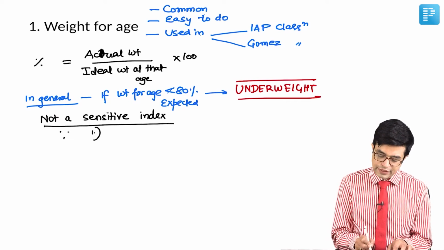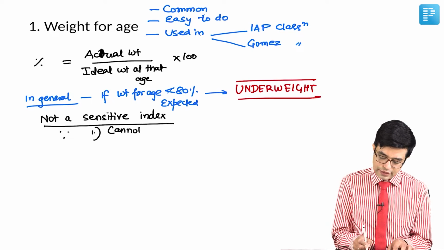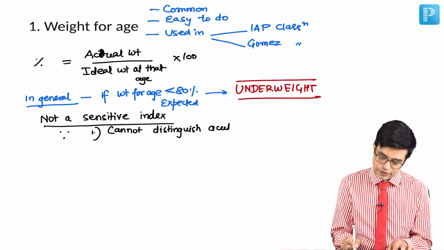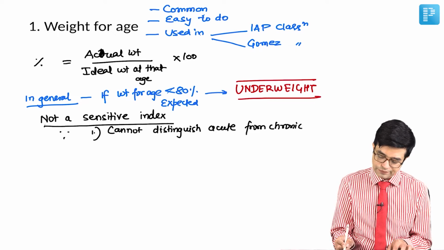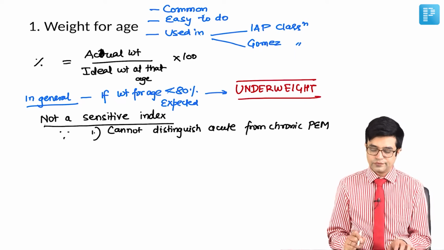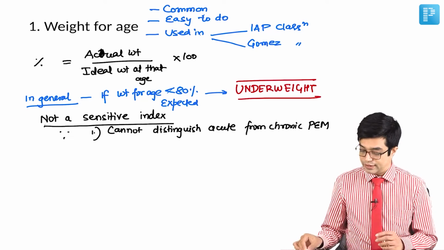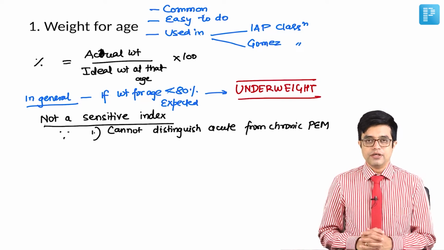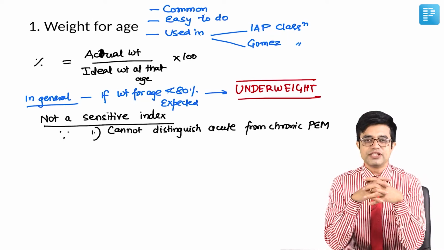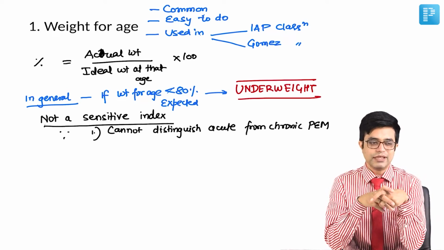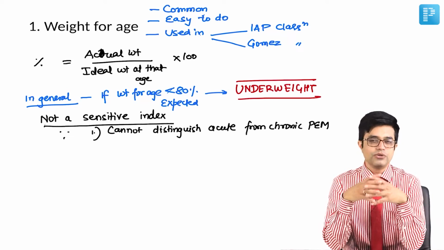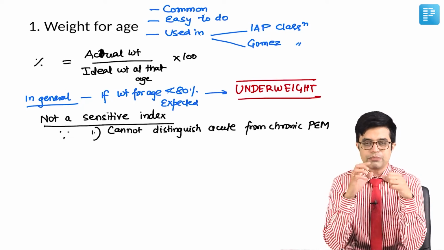First reason, it cannot distinguish acute from chronic malnutrition. Why? Let us take an example. A child comes to you, the child is having malnutrition, and you don't examine the child, you don't take any history, you only go by percentage.